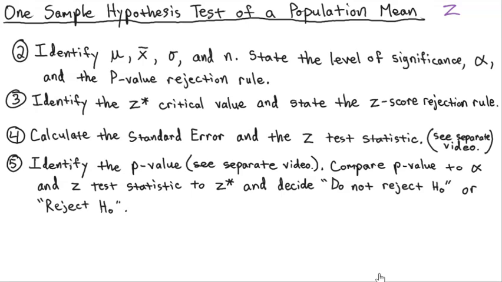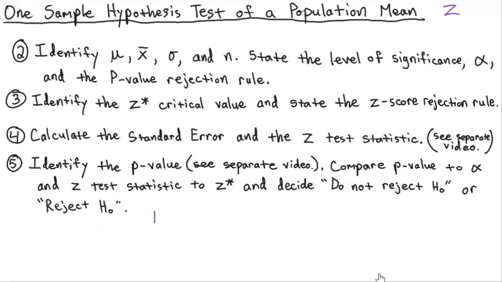But once you have the p-value, you're going to compare the p-value to the alpha to determine whether you should reject or do not reject the null hypothesis. And then there's another comparison you're going to make. You're going to compare the z-test statistic from step 4 to the z-star, the critical z statistic from step 3, and decide whether to reject or not reject the null hypothesis.